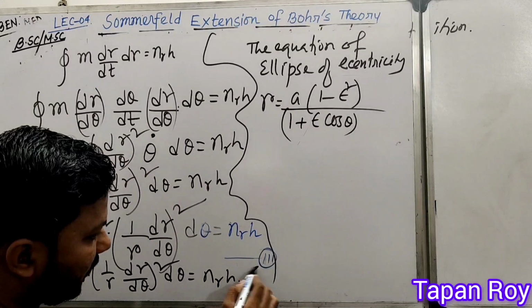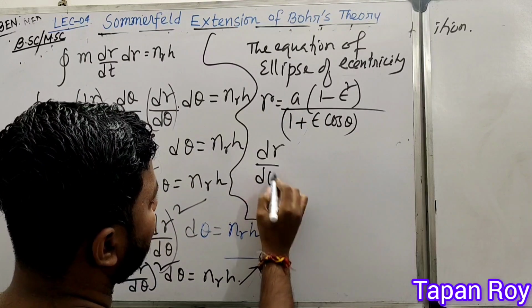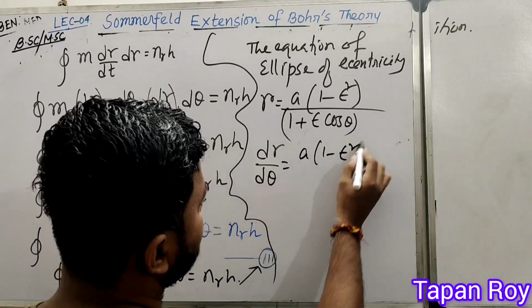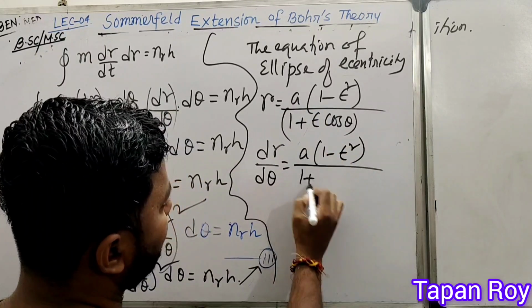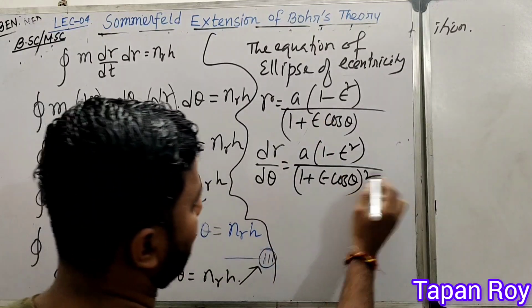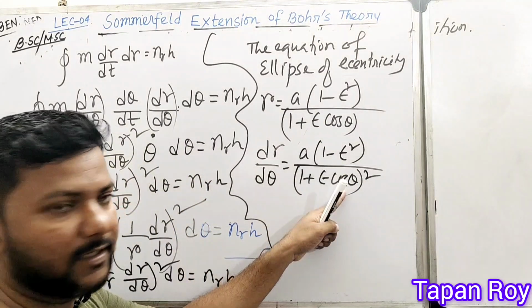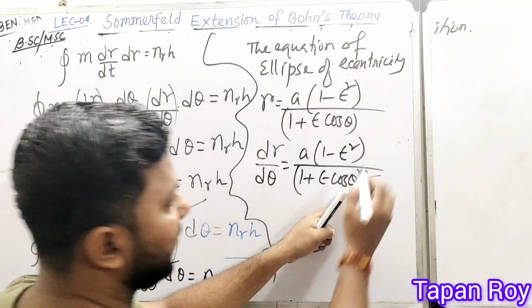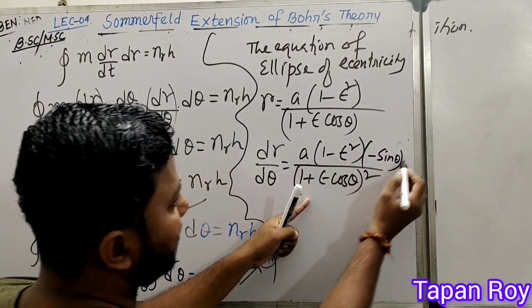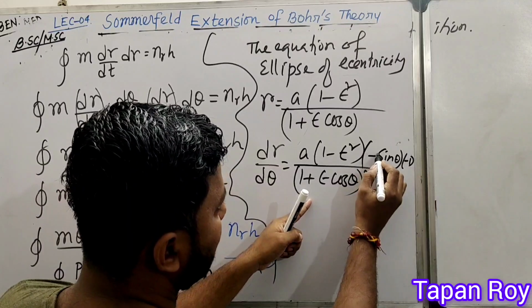So we need this. So dr by d theta is equal to a into 1 minus epsilon square into 1 plus epsilon cos theta, right? If we solve it, and here also epsilon cos theta, and the derivative of the cos theta is minus sin theta. This is minus sin theta, and for this there should be minus 1 into epsilon, right?